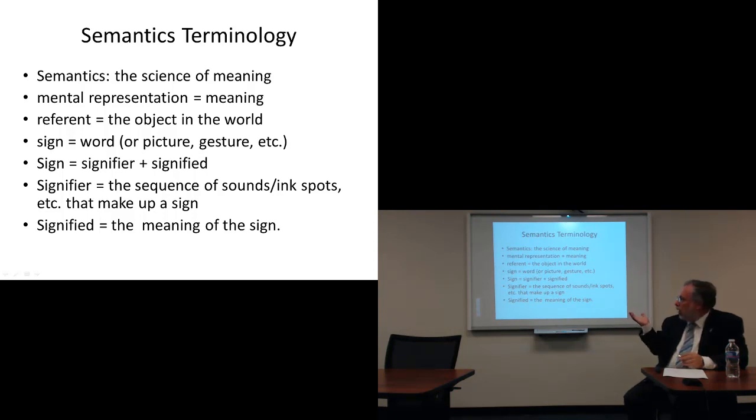The signifier is the physical support of the sign. In the case of words in language, which is what we're interested in, it's the sounds or the letters printed on a page. But the sounds are more important. And the signified is the thing that is signified, and that is the meaning of the sign.